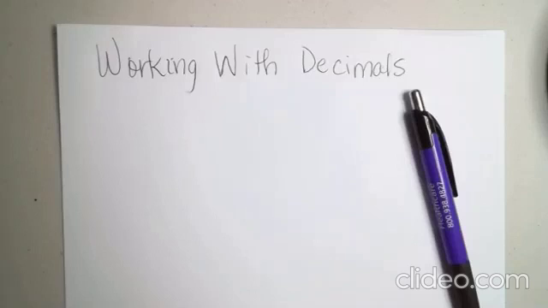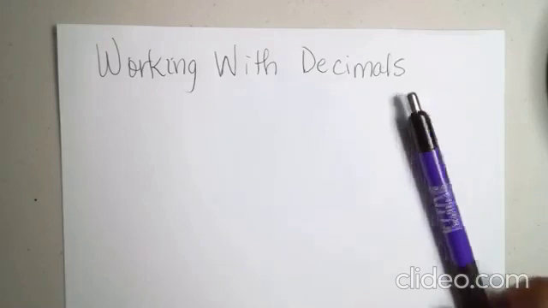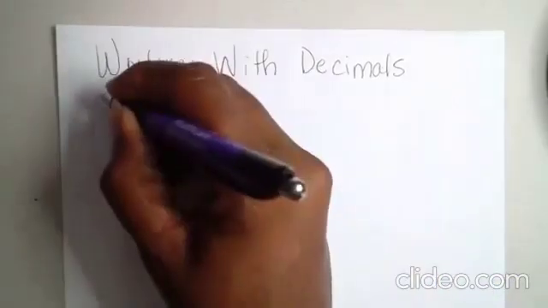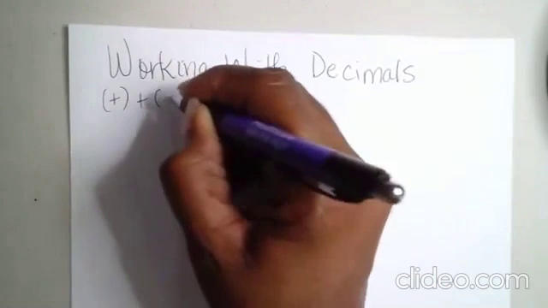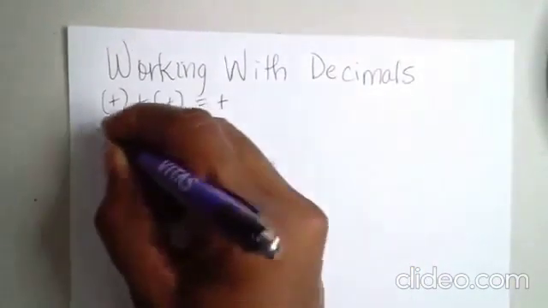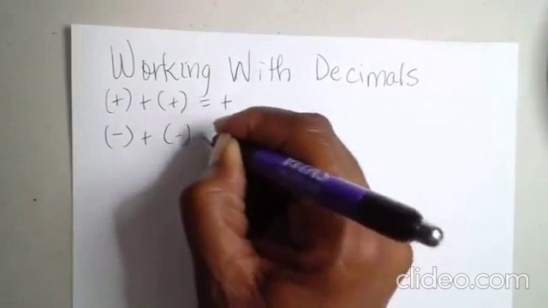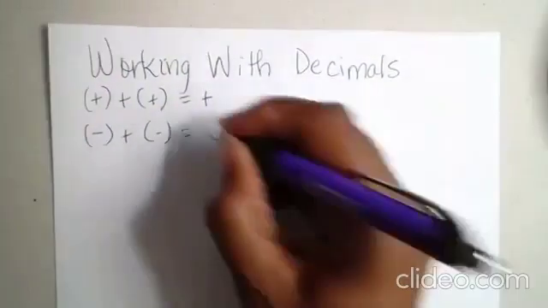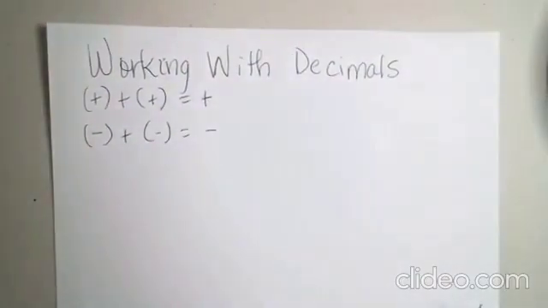First, let's review our rules from yesterday. Our rules from yesterday were: if you're adding the same signs, then your answer is that sign. If you're adding two negatives, your answer is going to be negative.